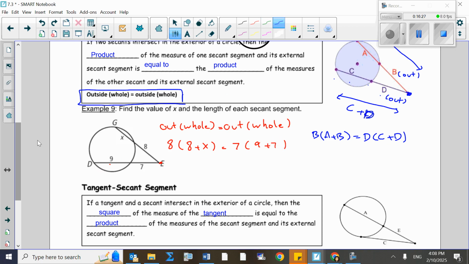Okay, now we're going to solve them. You can distribute the 8. 8 times 8 is 64. 8 times x is 8x. And then 9 plus 7 is 16. And 16 times 7 is 112. Now subtract 64 from both sides.